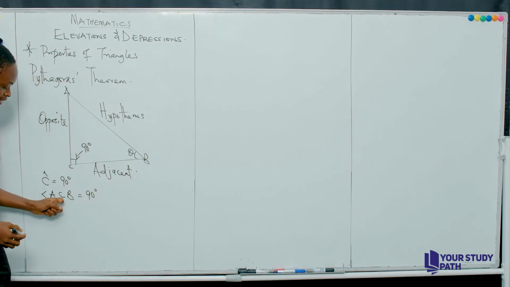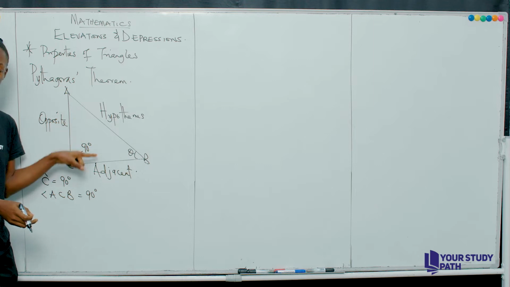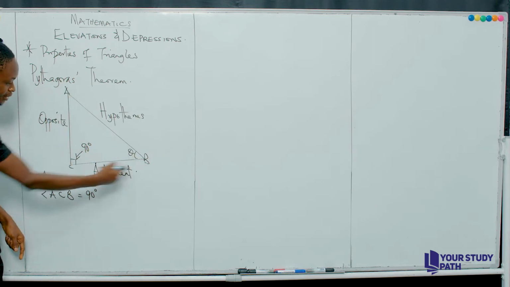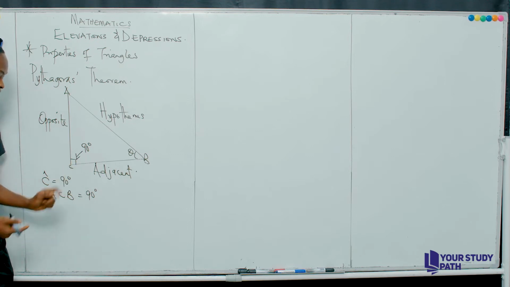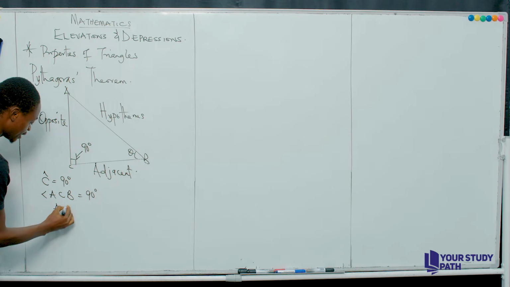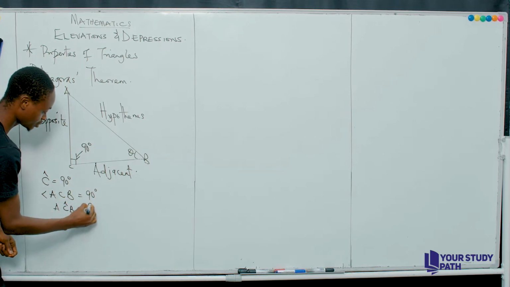The letter in the middle signifies that that is the position where the 90-degree angle is. So at C, you have that 90 degrees. You can also have it written as ACB with a caret on top is equal to 90 degrees.